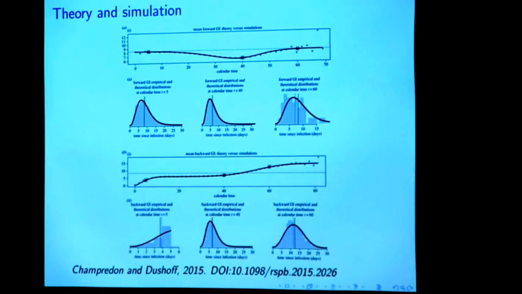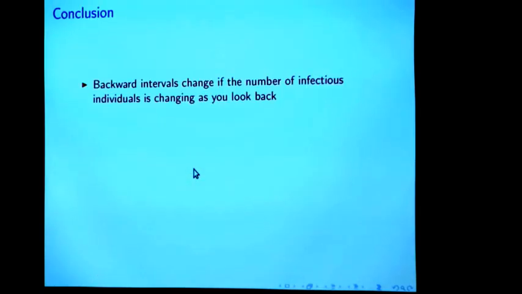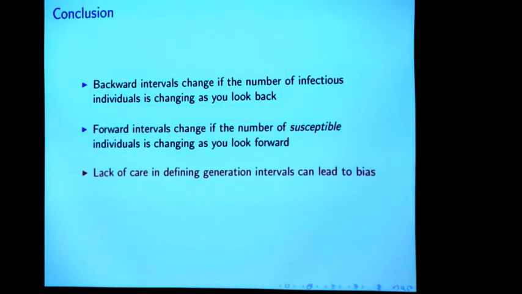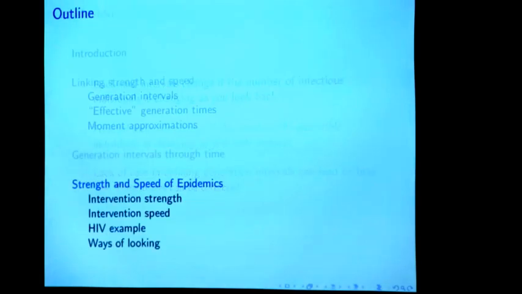And I'm just going to say that this works. You can look at how incidence is changing and predict in a simulation. So these are simulation points and ODE points, and you see that it works very well. And so we understand and correct for these contact tracing intervals. And we also have the idea of the backward generation interval as something that we might be able to observe directly.